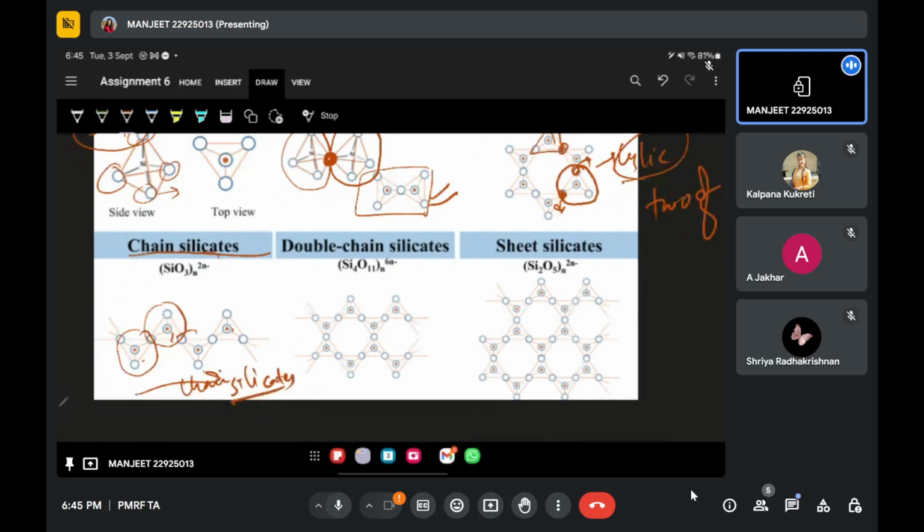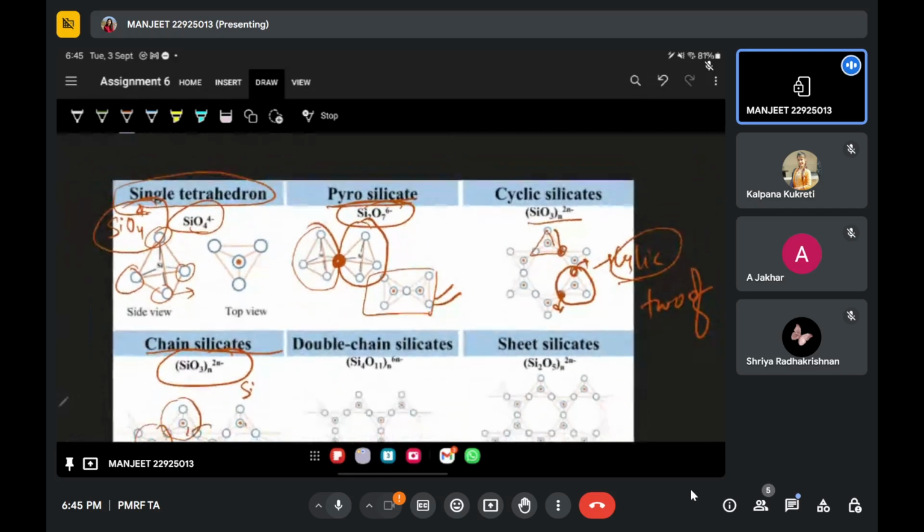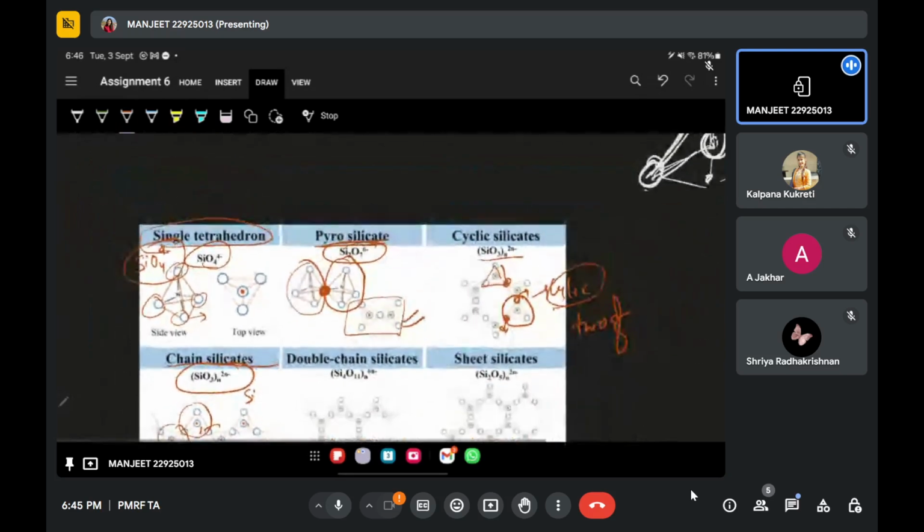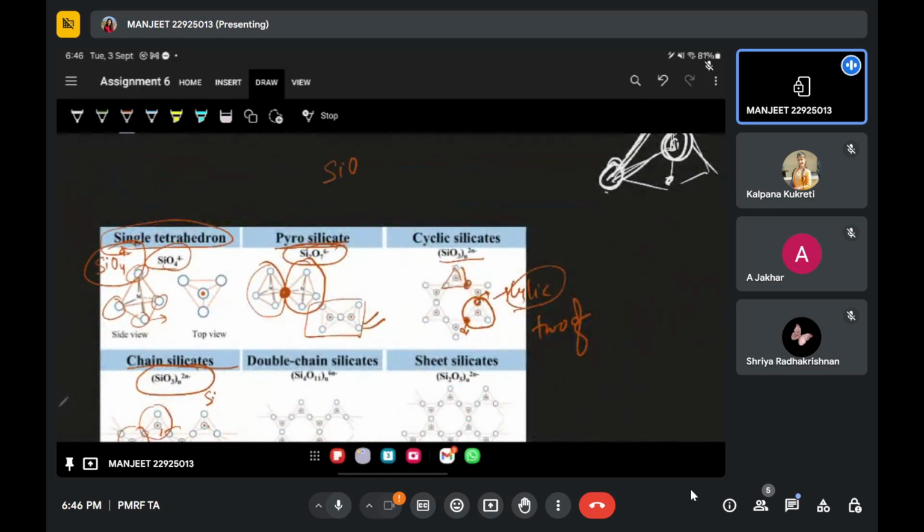The mer unit for the chain silicate will be SiO3. So remember the mer units for the different kinds of silicates. For the single tetrahedron, it will be SiO4 4 negative. For the pyrosilicate, it will be Si2, because this is the mer unit, and here we talk about two tetrahedra, not a single one. So this will be Si2O7 6 negative.